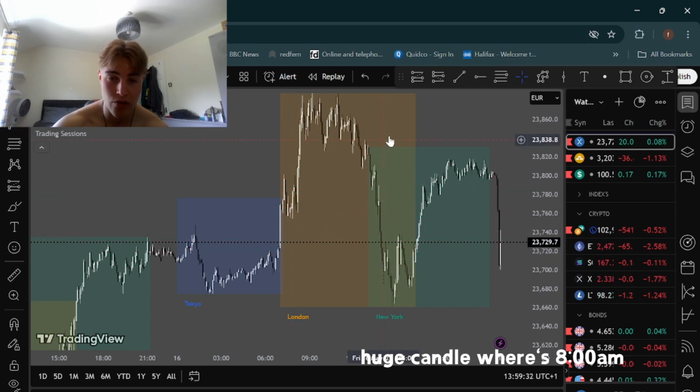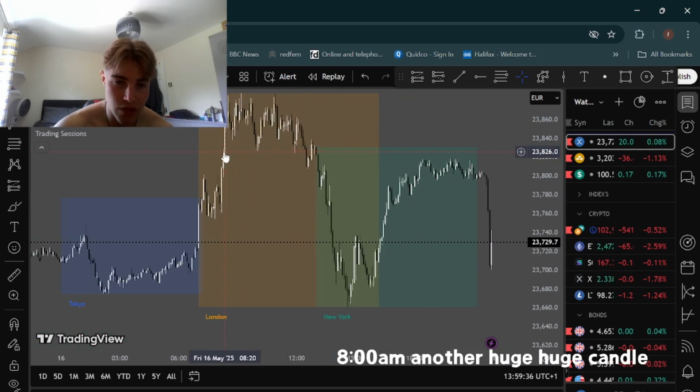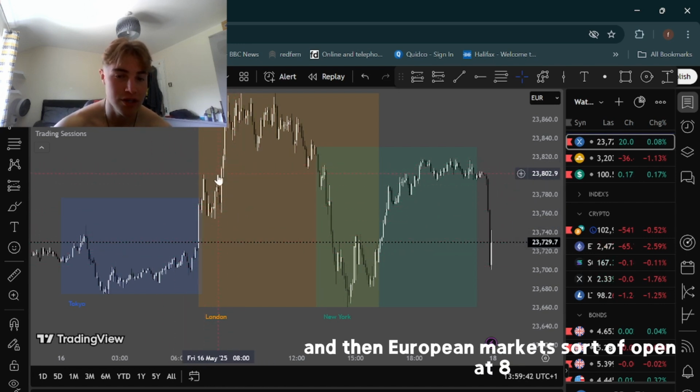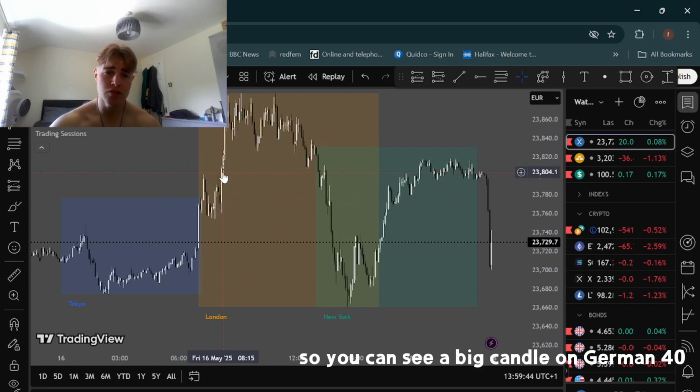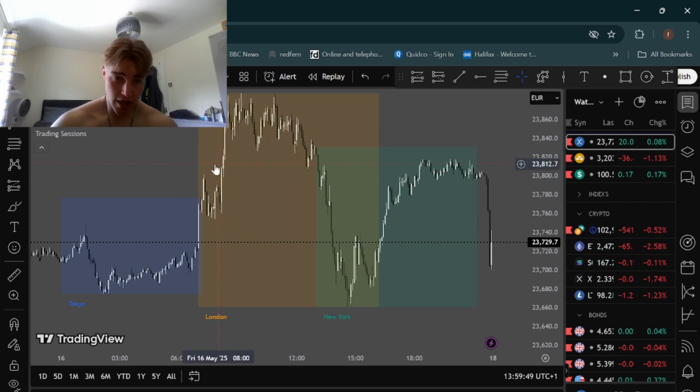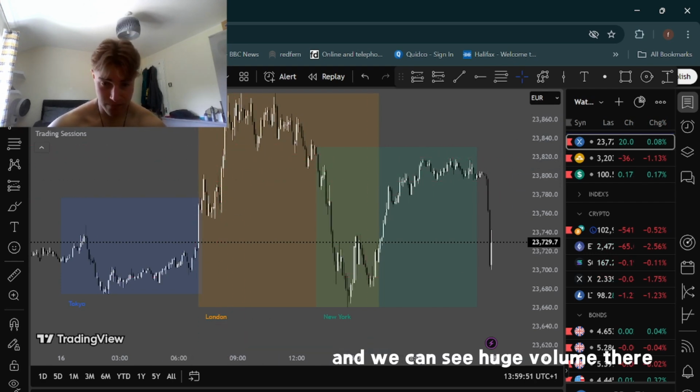Where's 8 a.m.? Another huge candle, because 7 a.m. is when London opens, and then European markets open at 8. So you can see a big candle on German 40. This is a European index, and we can see huge volume there.